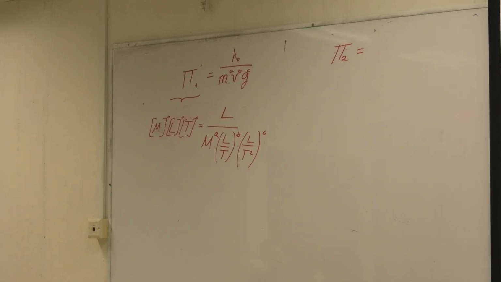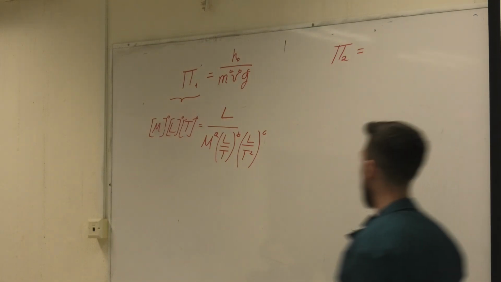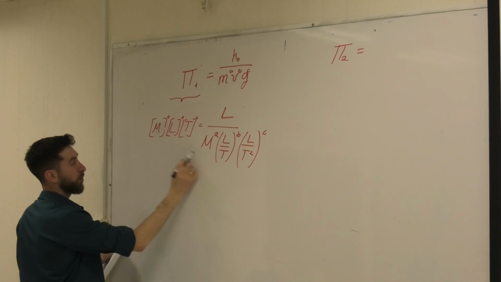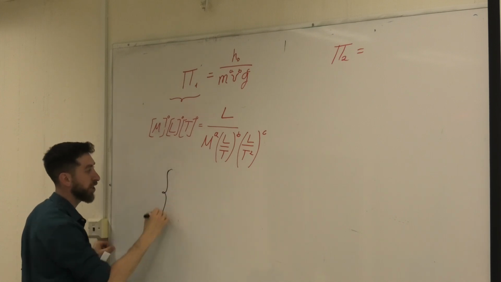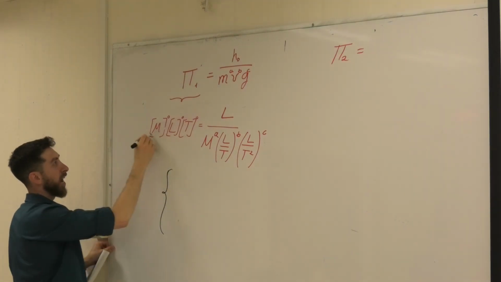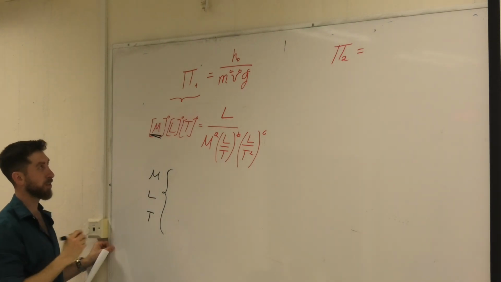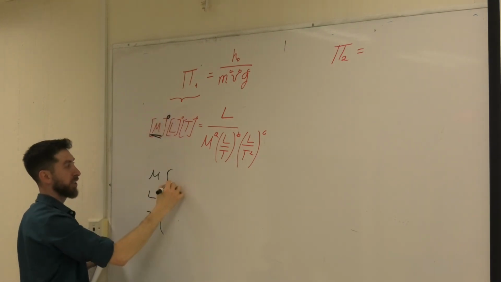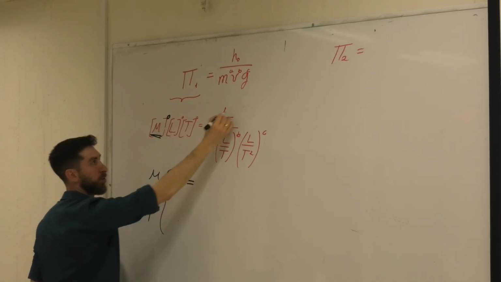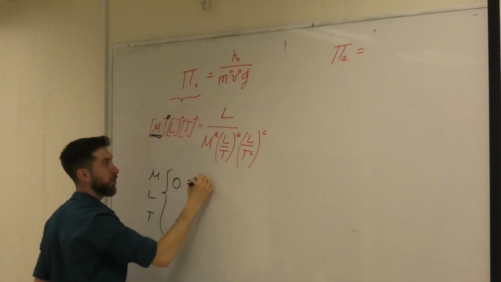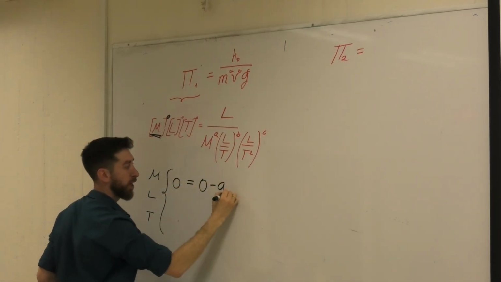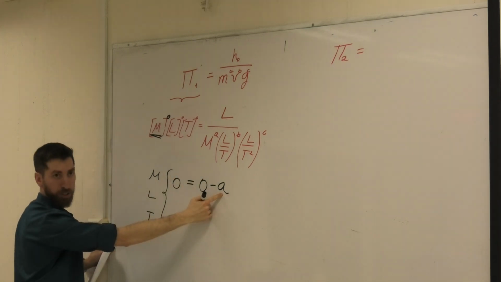Okay? And we're going to solve this, because I see here actually 3 equations: the equation of the mass, of the length, and of the time. The first equation, of the mass, is 0 equal to no mass here, 0. But I see below a mass in power a.